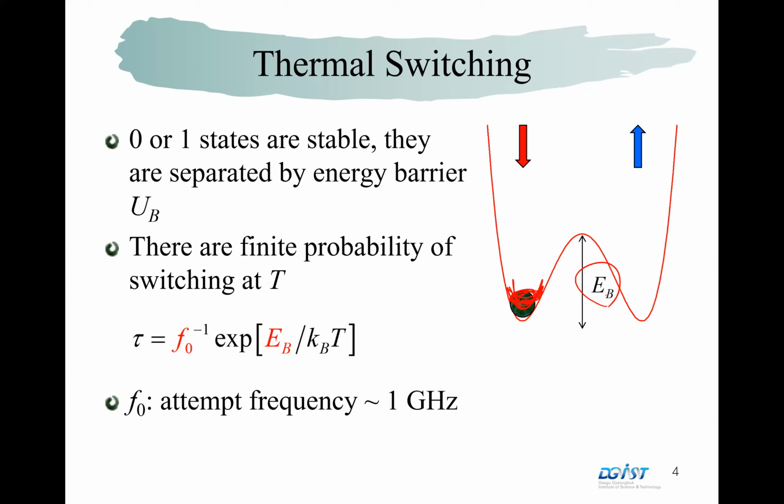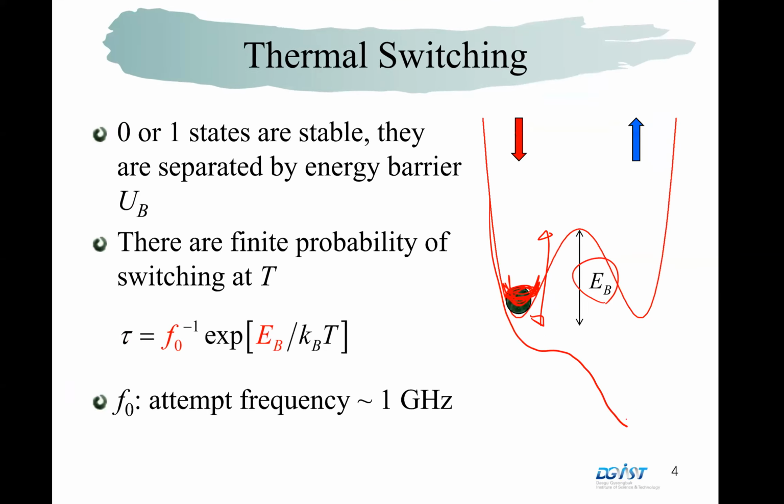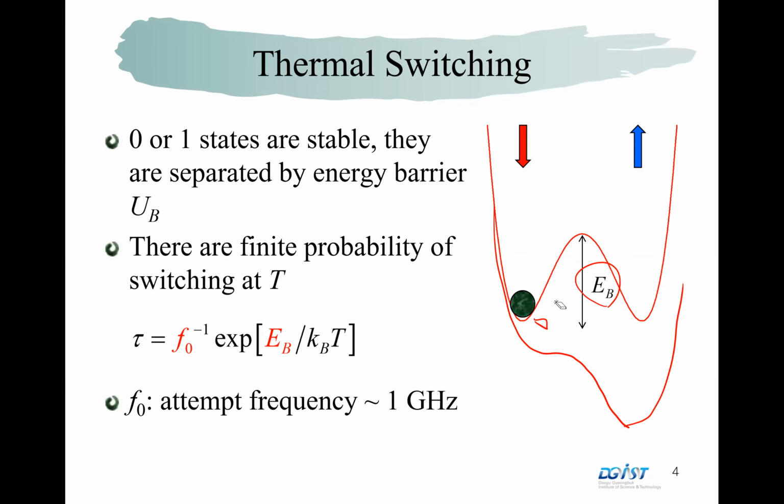But to overcome this energy barrier, we need a certain amount of external energy. As we already learned, by the external magnetic field, we can reduce this energy barrier by changing the potential shape. With spin transfer torque, we didn't touch this energy barrier, but we can excite the spin motion, and finally there is some chance they can switch to the other local state.